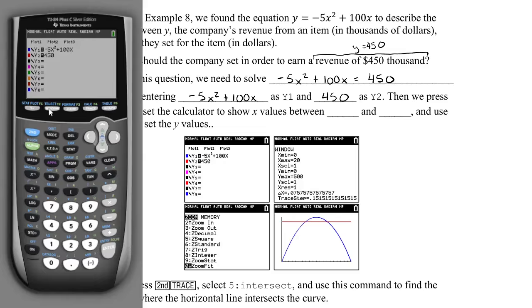I'm going to say window. I want my x's to be between 0 and 20. That hasn't changed, so I'm just going to leave it that way. I'm going to say zoom fit. Anytime I change anything about my equations, I'm going to run zoom fit again.